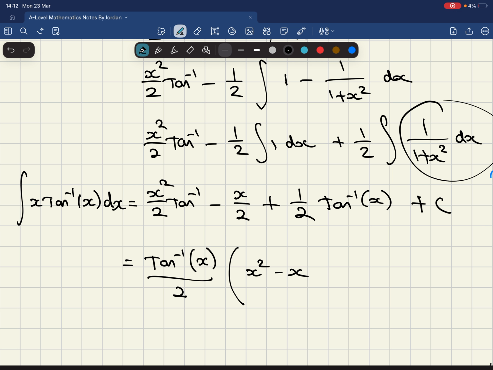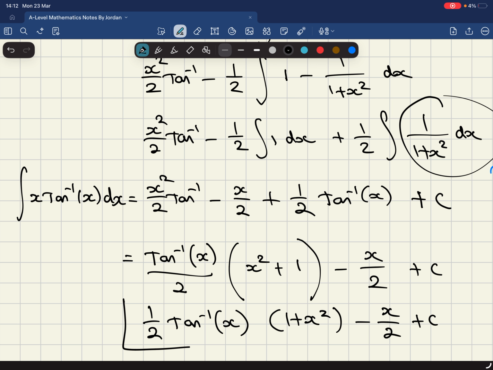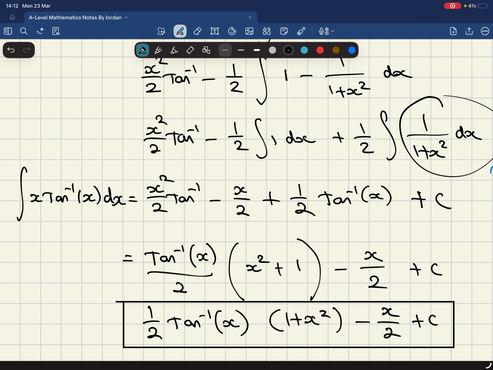This one doesn't contain an inverse tan, does it? So actually we'll just write plus 1 there. There we go. Now, I'll probably make that look a little bit nicer. So I'll leave it as a final answer.